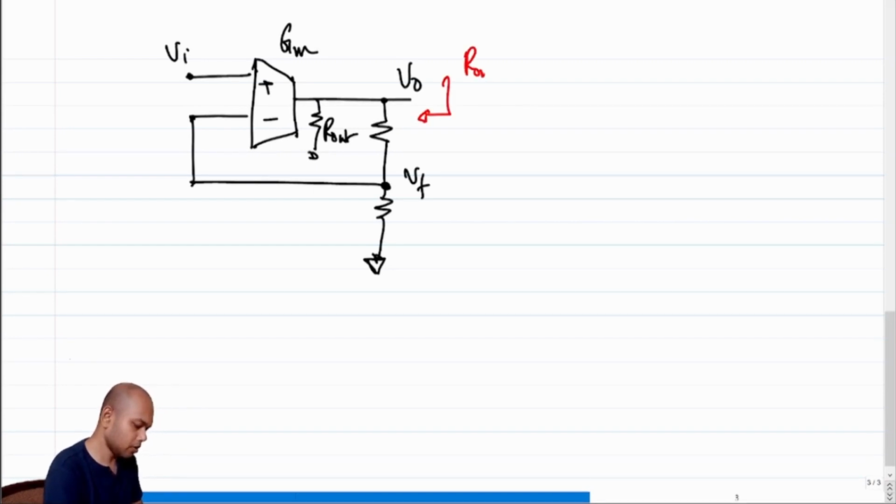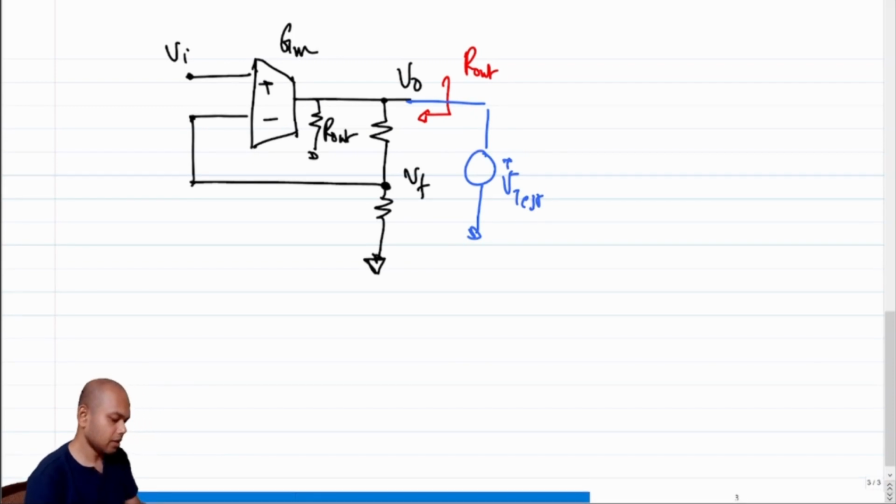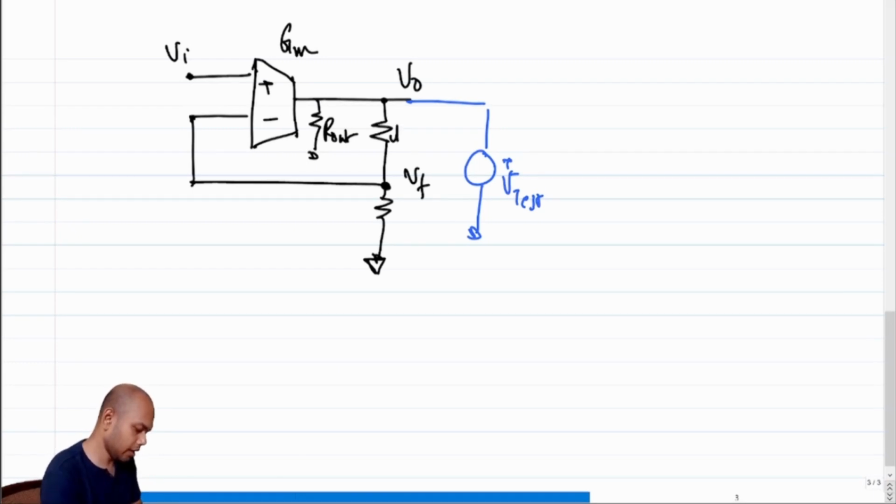What will be R out? In order to figure out R out, what should we do? We apply a test voltage here, and find out what is I test. If I apply a test voltage here, what is the voltage at Vf? This is K minus 1 R, this is R. So what is the voltage at Vf?